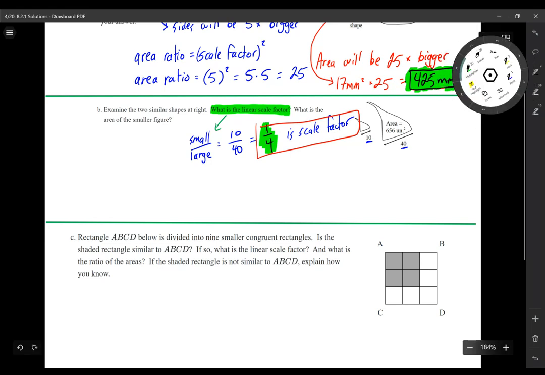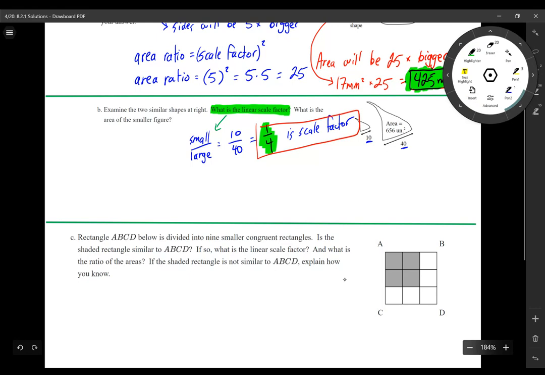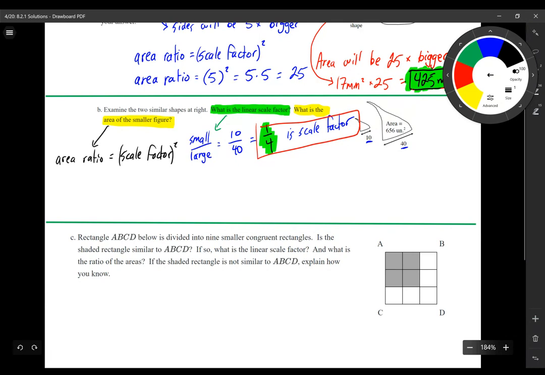We'll use a different color just so we know what we're working with here. So our area of the smaller figure is going to be found using the area ratio instead of the scale factor. So our area ratio will be equal to the scale factor squared. So same as before.